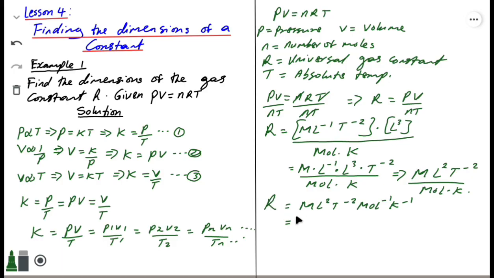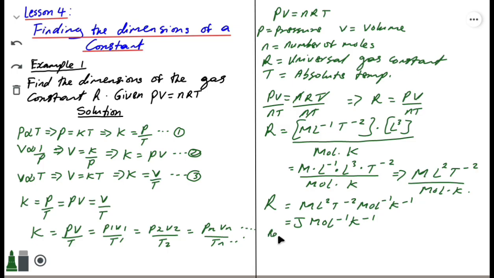From this dimension, we can also derive the unit of this constant to be joule per mole per Kelvin. Now, I know you'll be wondering, where did we get this joule?